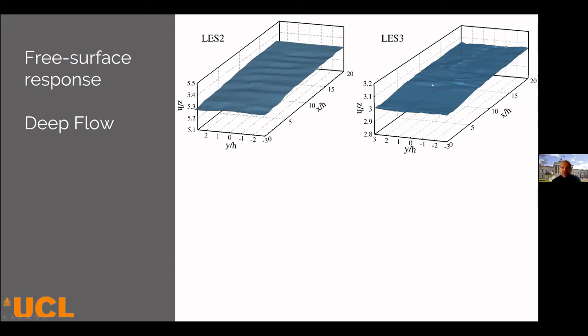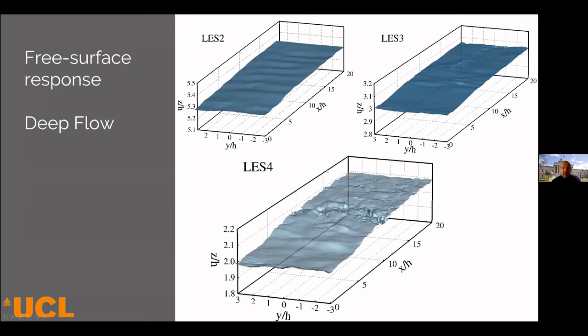On this side here, we also see the waviness, but further on the downstream side, we also see some water surface deformations in the form of boils. And when I show you this one from the LES4, which is the shallowest case, we can see the waviness as well. But then here downstream of the reattachment zone, we can clearly see upwelling.